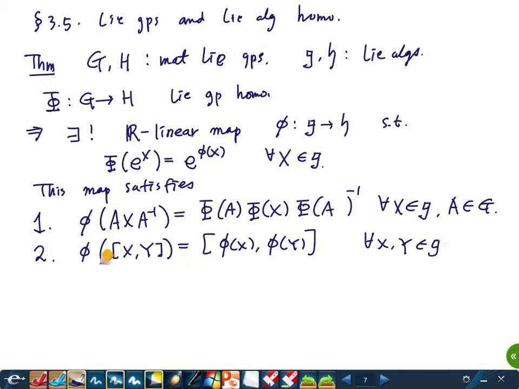So this means this is really a Lie algebra homomorphism.